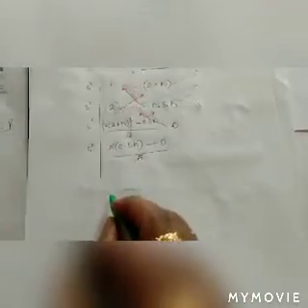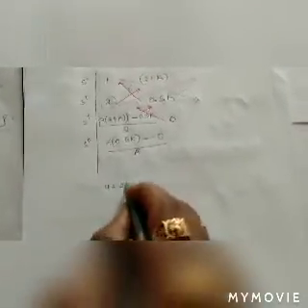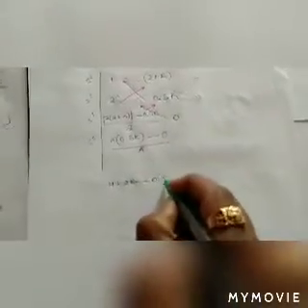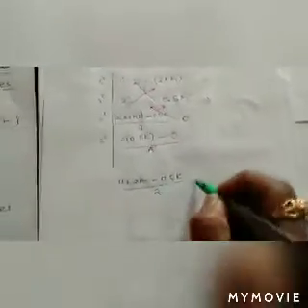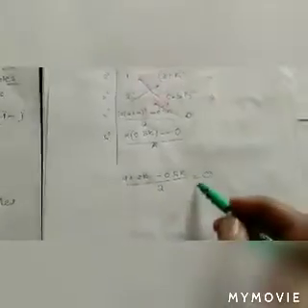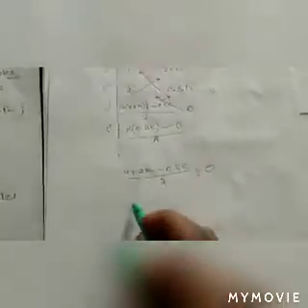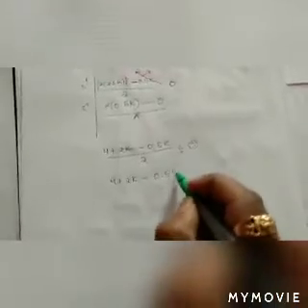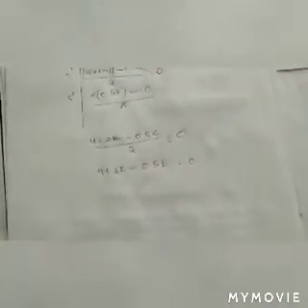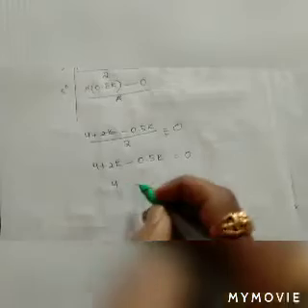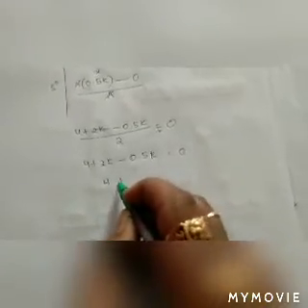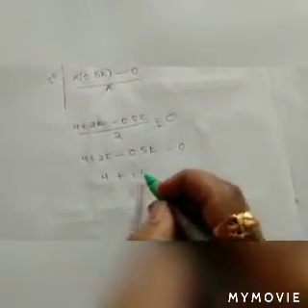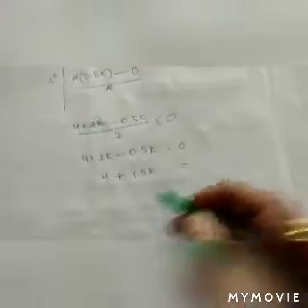Take that unsolved equation: (4 plus 2k minus 0.5k) whole divided by 2 equals 0. So the 2 becomes 0: 4 plus 2k minus 0.5k equals 0. So 4 plus 1.5k equals 0.